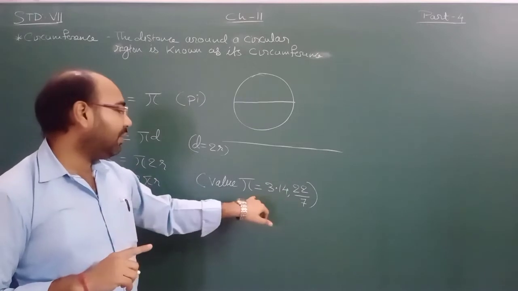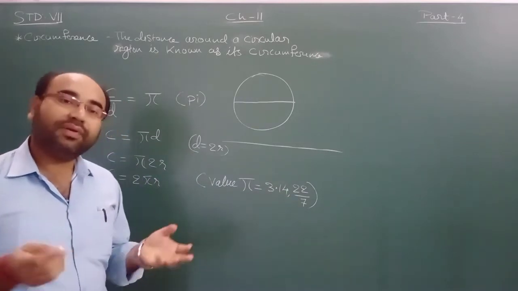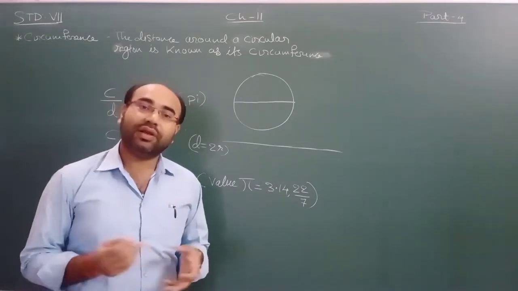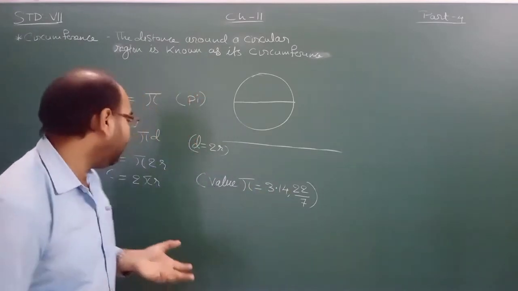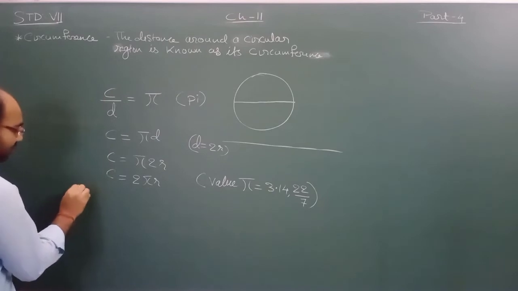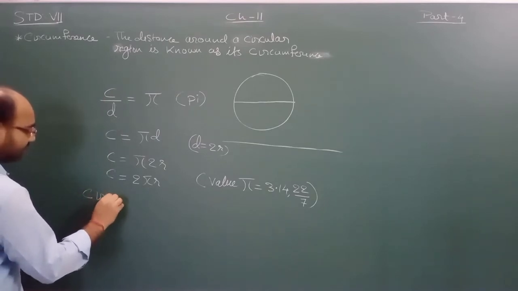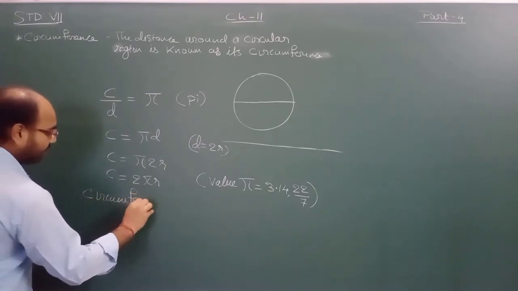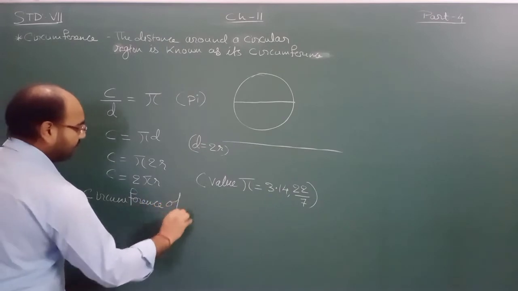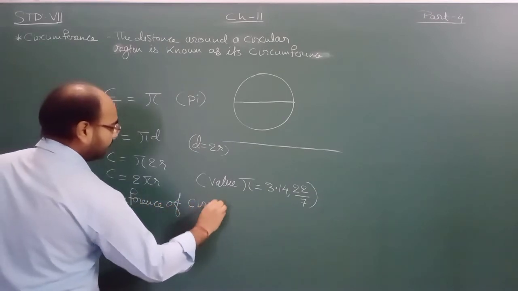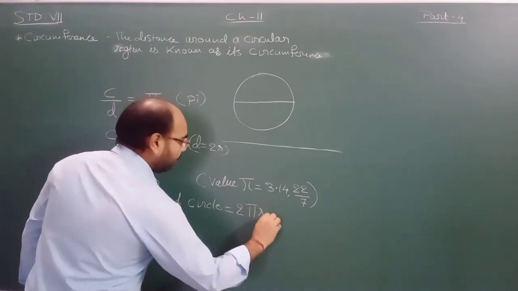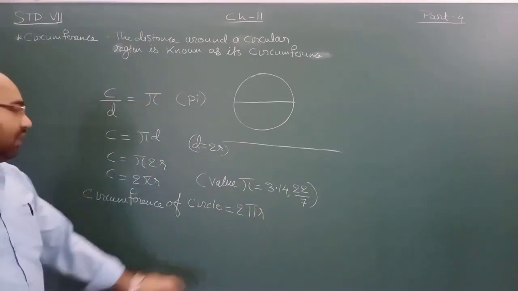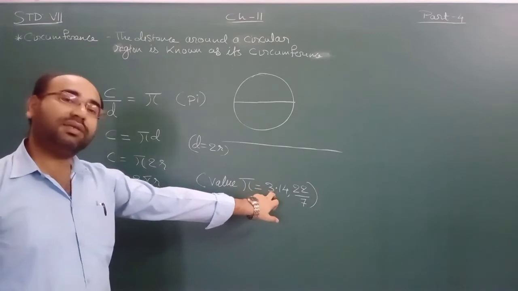So remember, the value of pi is 3.14. Whenever you are solving the sum, they will mention which value of pi you have to take. So our formula for circumference of a circle is 2 pi r.